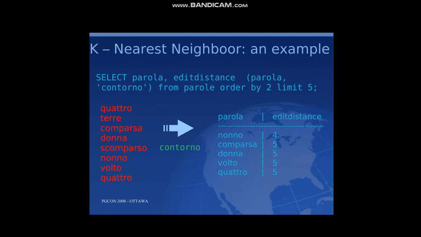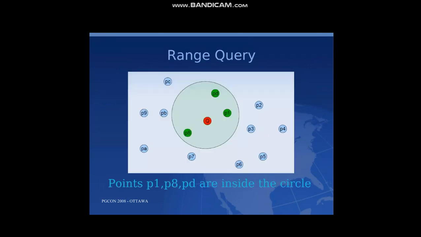Results: Quintero, Terry, Compressa, Donna, Scomparso, Nono, Volto, Quattro, Contorno 0, Nono 4, Compressa 5 edit distance, Donna 5 edit distance, Volto 5 edit distance, Quattro 5 edit distance. Range query: points P1, P8, PD are inside the circle.